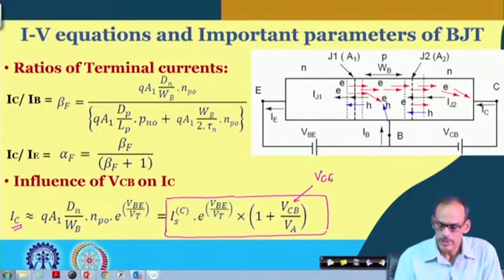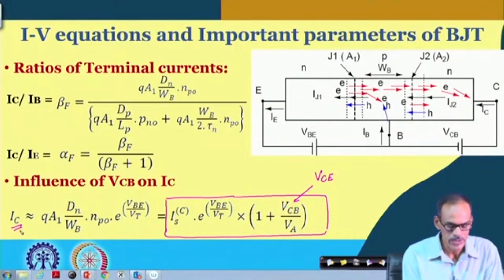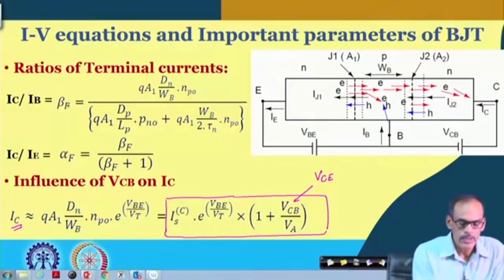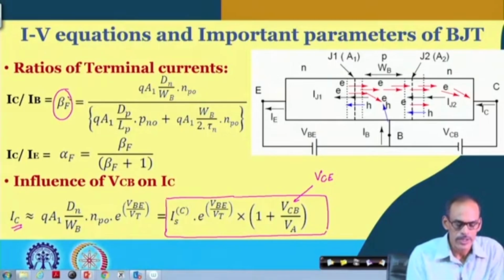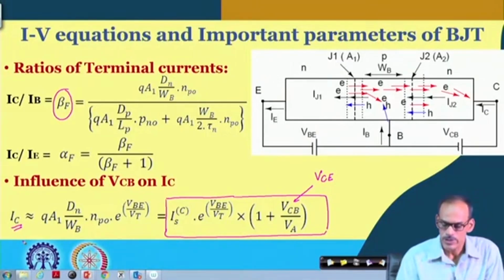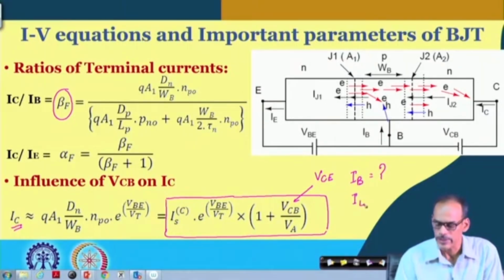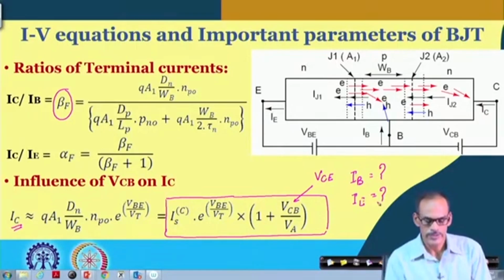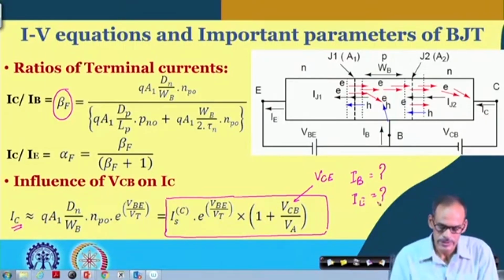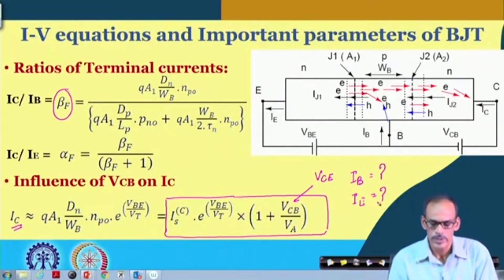On the other hand, using this expression of the collector current, and using the factor beta_F, you can find the expression of I_B, you can also find the expression of I_E. So, that is what we are expecting for circuit analysis, so that these equations need to be given to us to go for further analysis of circuits containing a BJT.